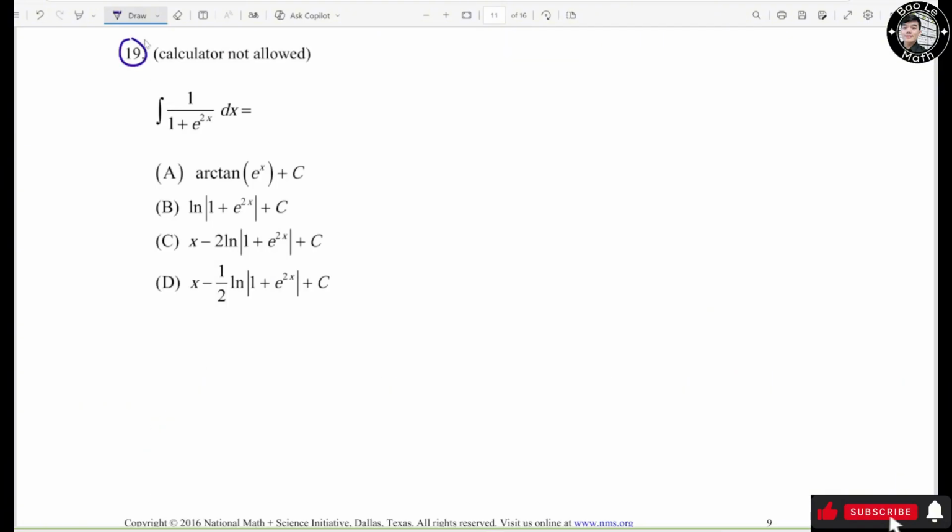Question 19. We need to calculate the integral of this one. Look at the bottom right here, I have 1 plus e to the 2s. So I can rewrite the top as 1 plus e to the 2s subtract e to the 2s, over 1 plus e to the 2s ds.